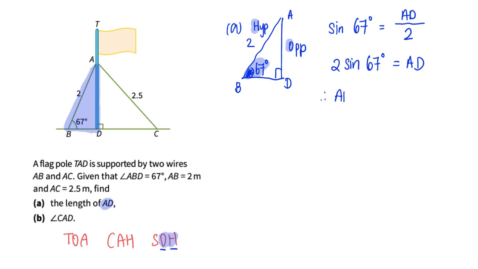Therefore, my AD is equal to 1.841 to 5 significant figures, followed by 3 sig fig, 1.84 meters.